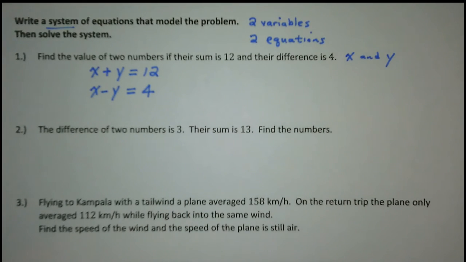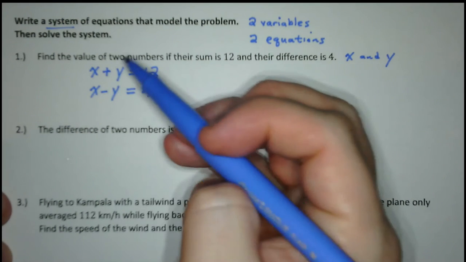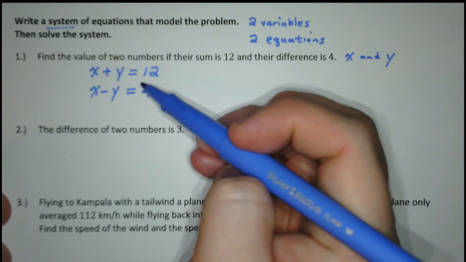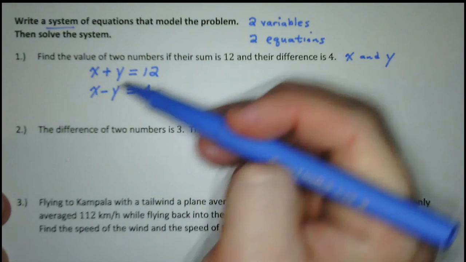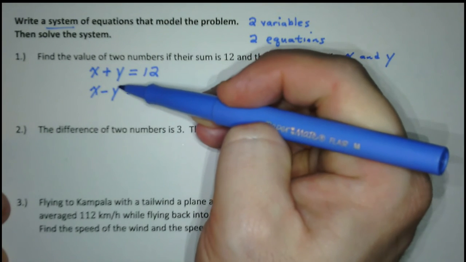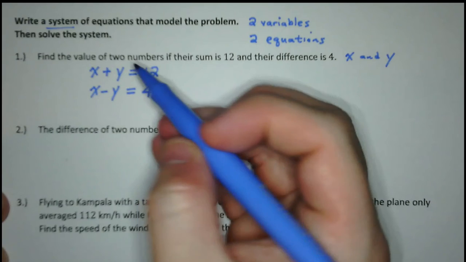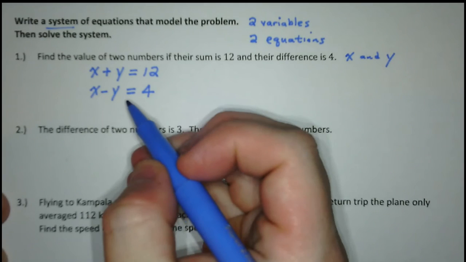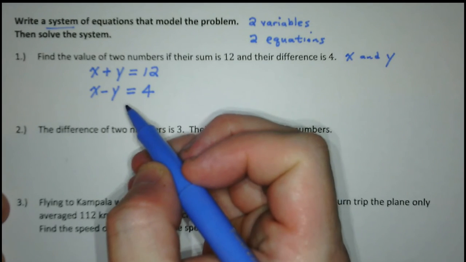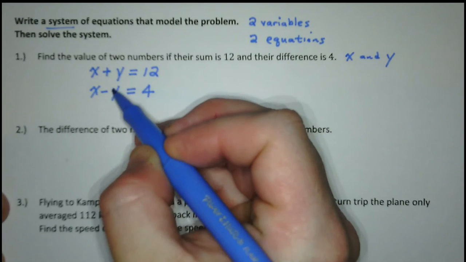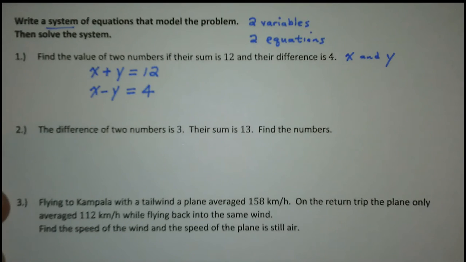Substitution method, elimination method. I'm going to pick elimination because not only are these equations already lined up, the x's are lined up, the y's are lined up, equal signs lined up, regular number constants lined up. Not only that, but even more perfect, the y's are already opposites.